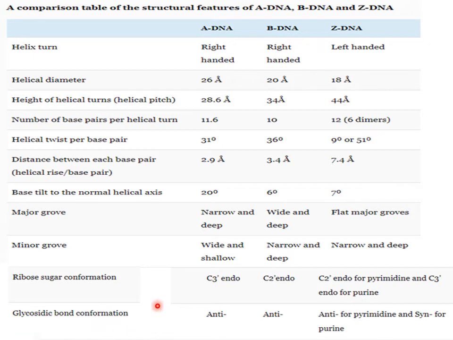And the glycosidic bond conformation, that means whether they are in the anti-conformation of the nitrogen bases, anti for pyrimidine and syn for purine, as is the case in Z-DNA.